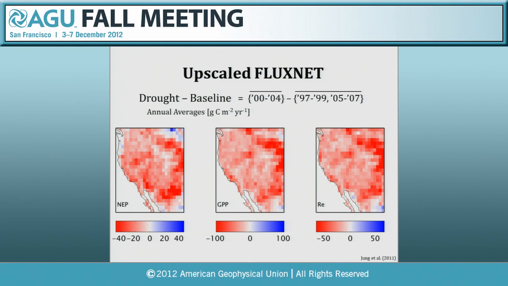Basically what I mean by that is that GPP was very much negatively impacted. Ecosystem respiration also, and the reason we have a degradation in land sink strength is because the response of GPP was greater than the response of total ecosystem respiration.